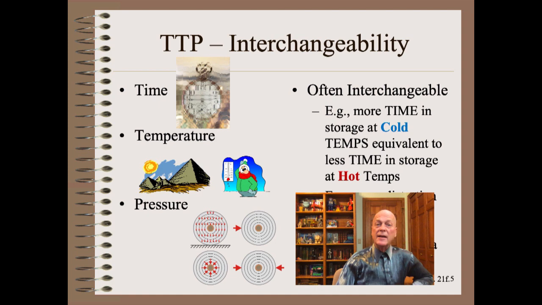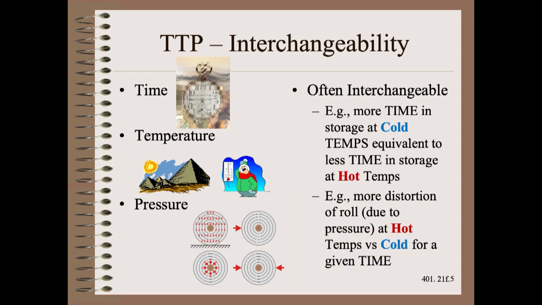The next key concept is that often these parameters are interchangeable over a region of practical interest. For example, more time in storage at cold temperatures may be equivalent to less time in storage at hot temperatures and vice versa.